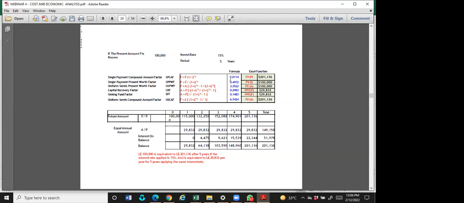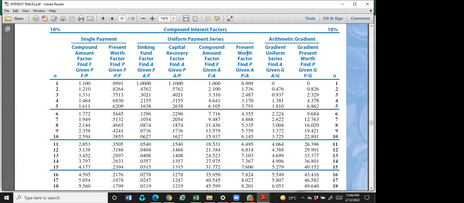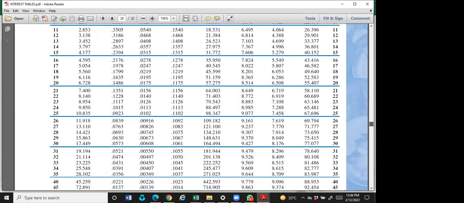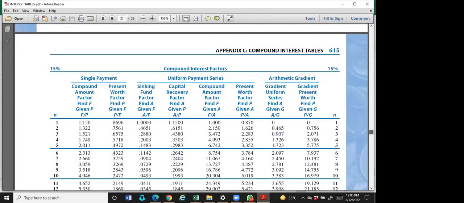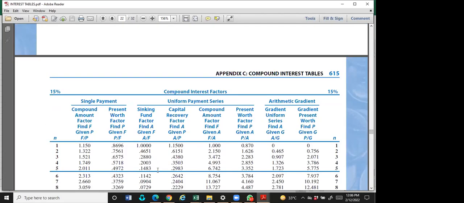For instance, at 15%, 5 years, if you're looking for the future amount of this 100,000 investment, you go to your interest table here and scroll down to 15%.